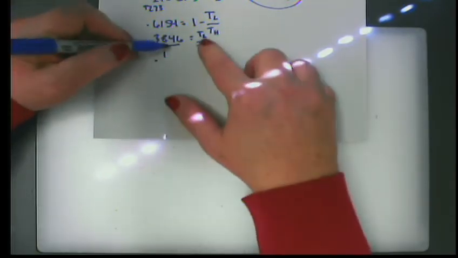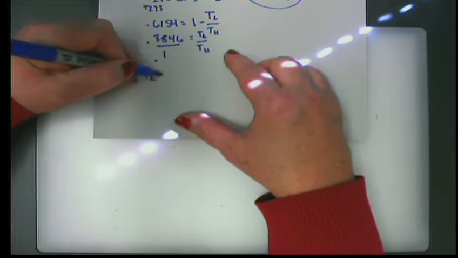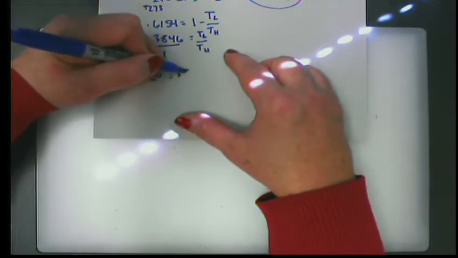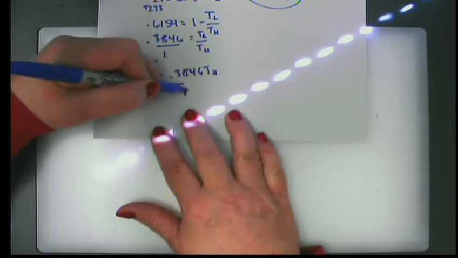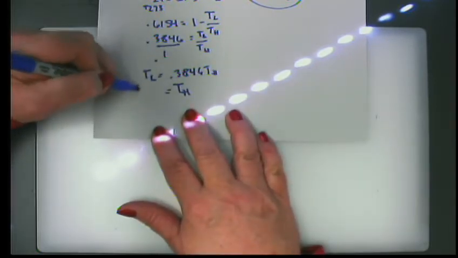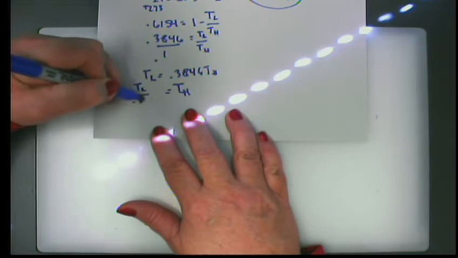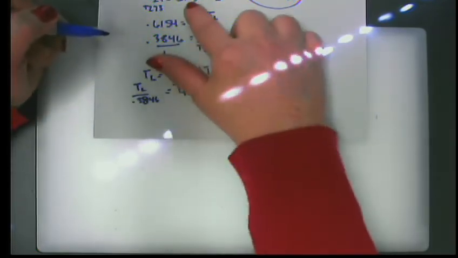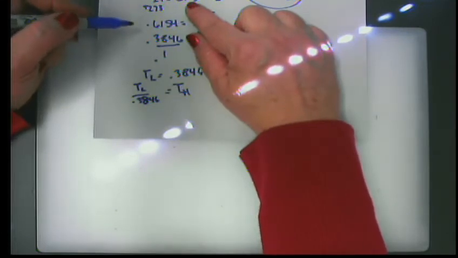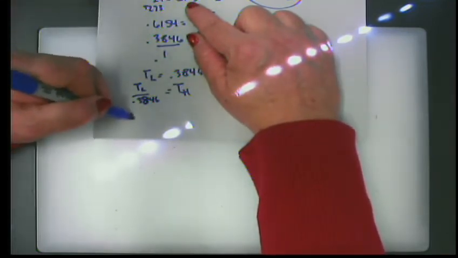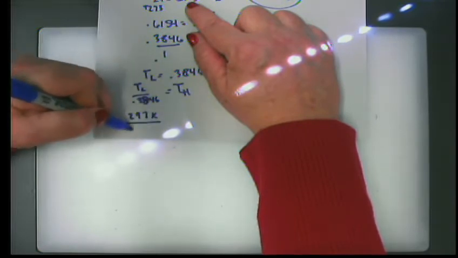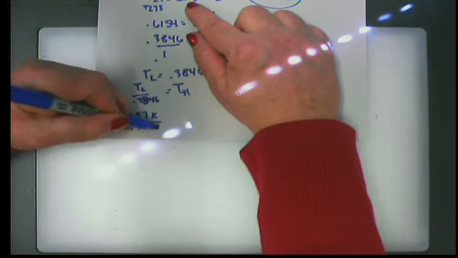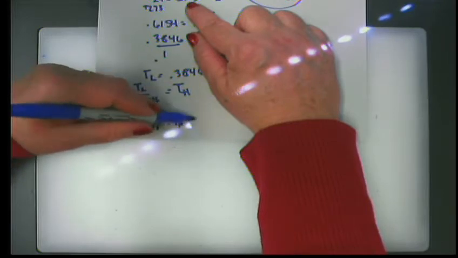So I can say T sub L equals 0.3846 times T sub H, or T sub H equals T sub L divided by 0.3846. T sub L, I have to report that in kelvins or else the proportions are not correct. 297 kelvins over dimensionless 0.3846 equals T sub H.